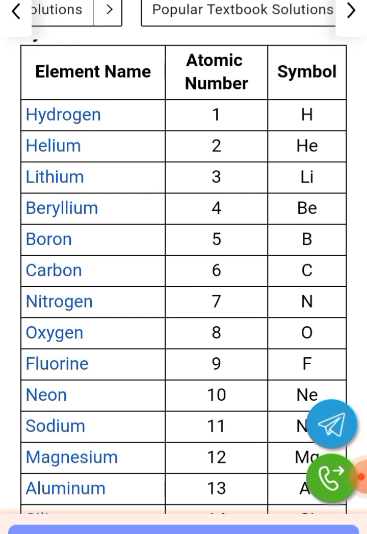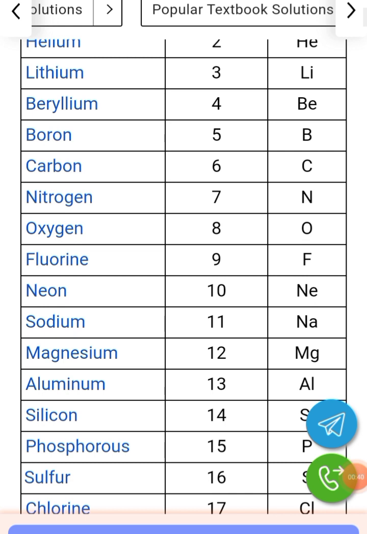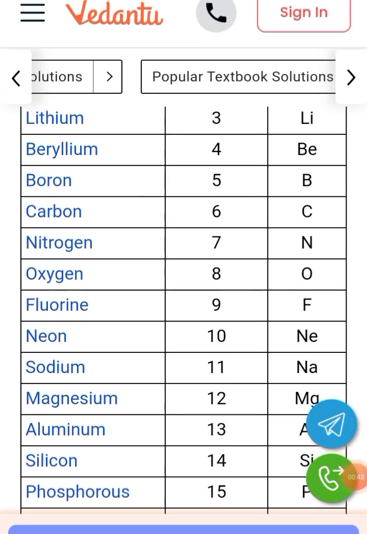So you have hydrogen, H; helium, He; lithium, beryllium, boron. You can see the symbol for boron, B, the symbol for carbon, nitrogen, oxygen, fluorine.